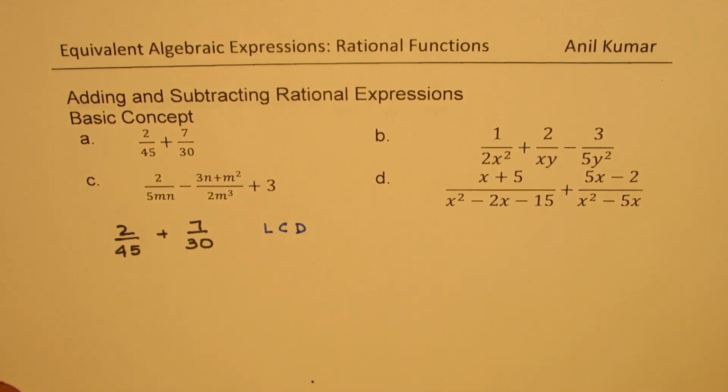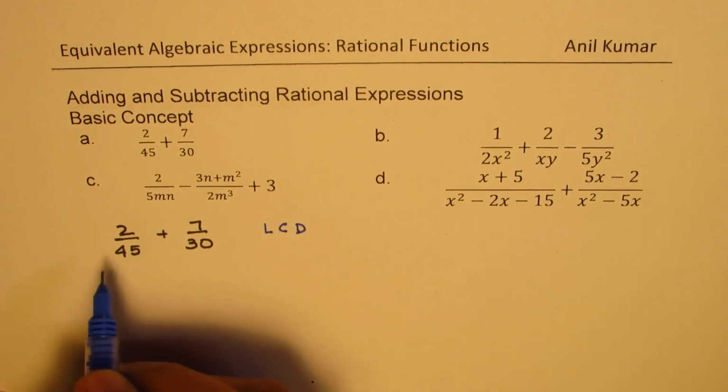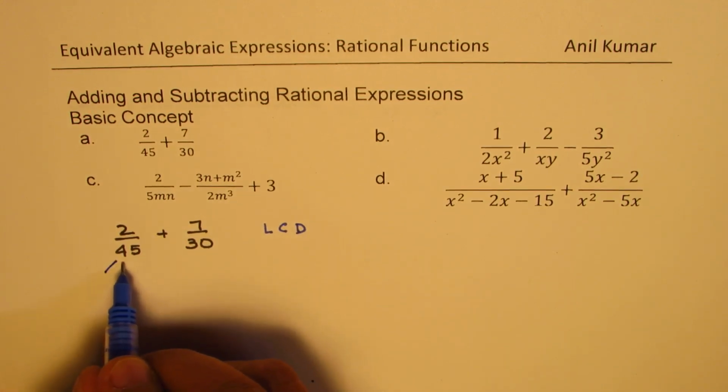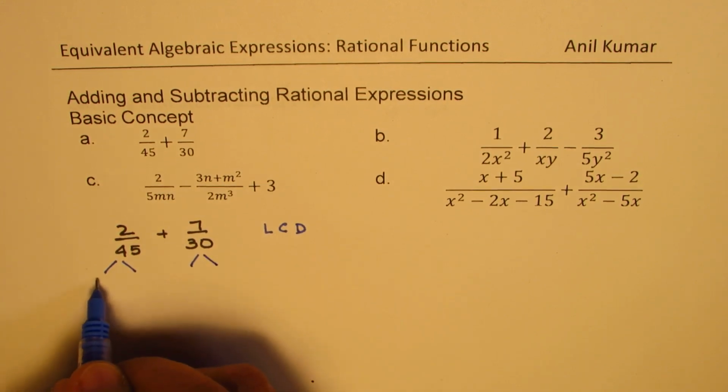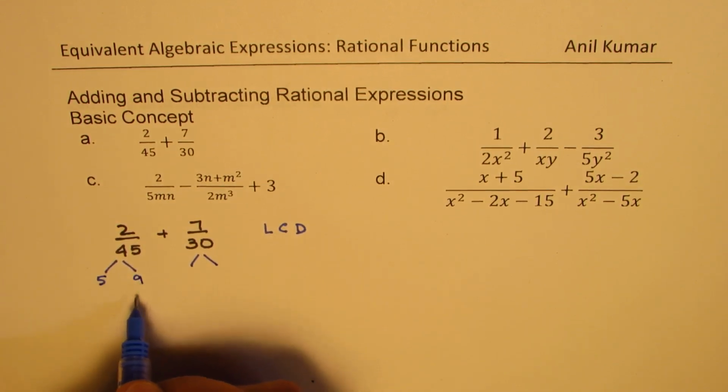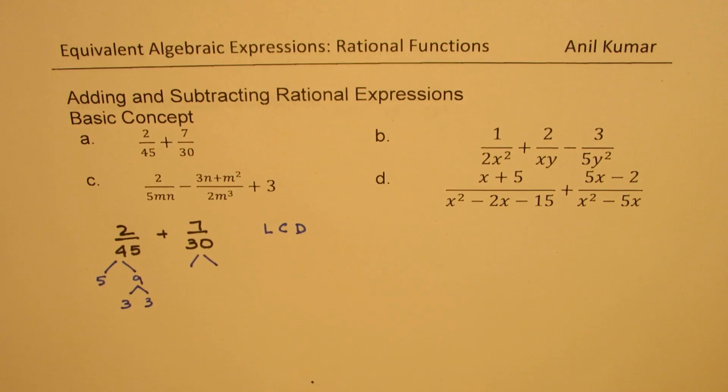How do we figure this out? Well, we can look into the factors of 45 and 30. Now 45 can be written as 5 times 9, and 9 can be further factored, so we get the factors of 3 and 3, right? So for 45 we have these 3 factors.